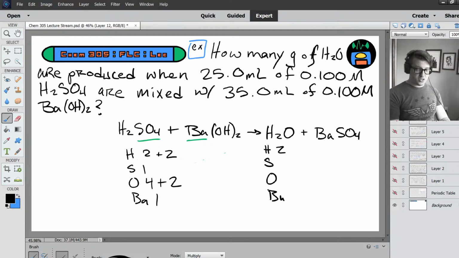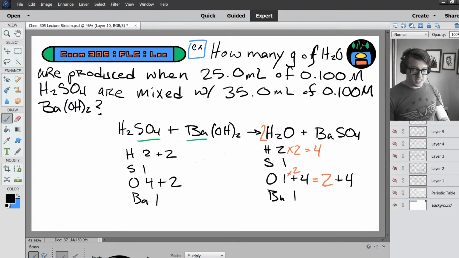On the product side, we have 2 hydrogens, 1 sulfur, 1 plus 4 oxygen, and 1 barium. Sulfur and barium are both balanced, but water is not, right? Hydrogen and oxygen are not. I'm going to multiply water by 2 to balance my hydrogen and oxygen all in one fell swoop. All right, so this is our balanced chemical equation.